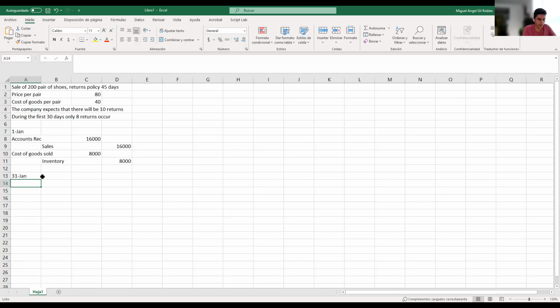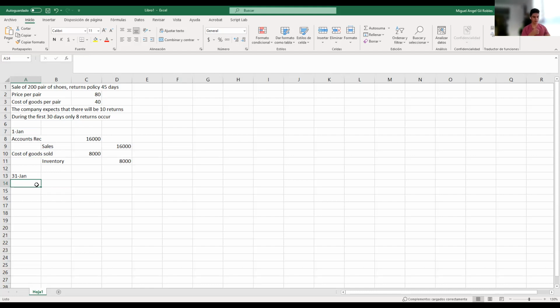It's because during January, we transfer the control of the shoes to someone else, and we have the expectation or the forecast that maybe they will return them, but we don't know yet. So we are going to leave it like that. The transfer of control is done, but we are going to wait until the end of the month. And on the last day of the month, the client returns 8 pairs of shoes.